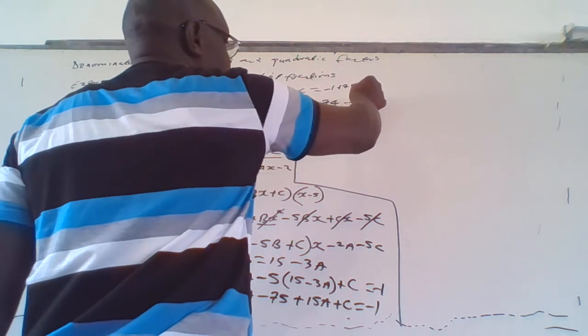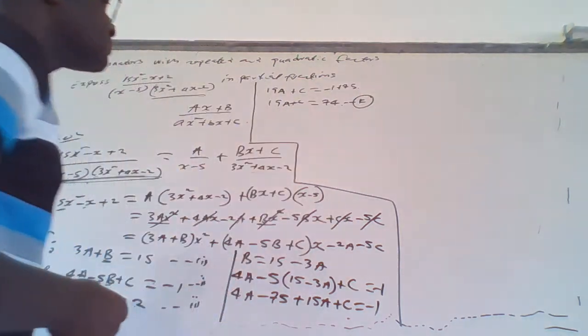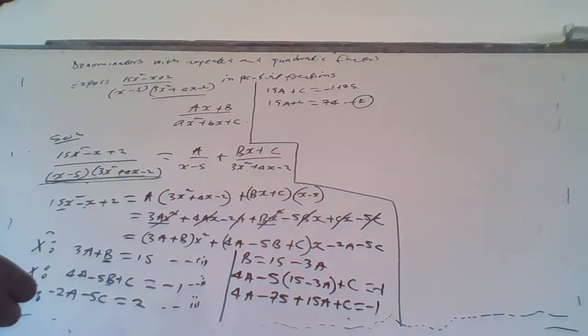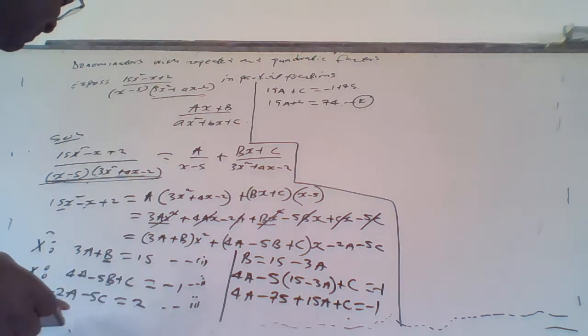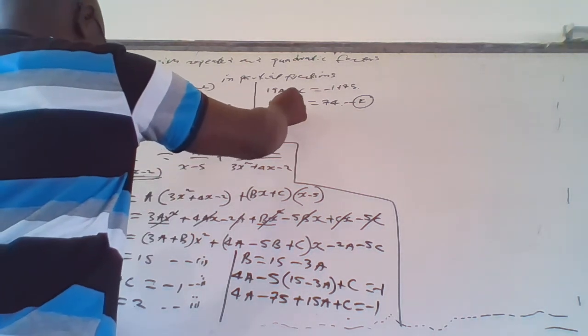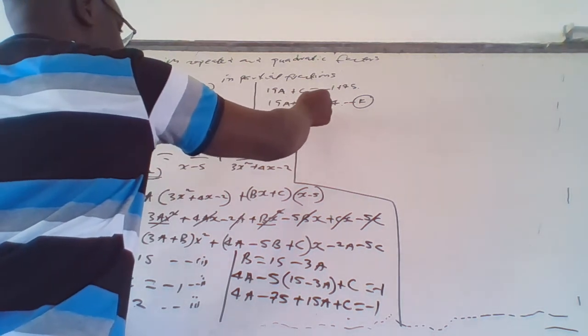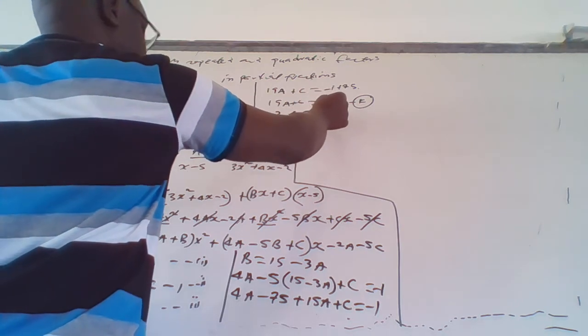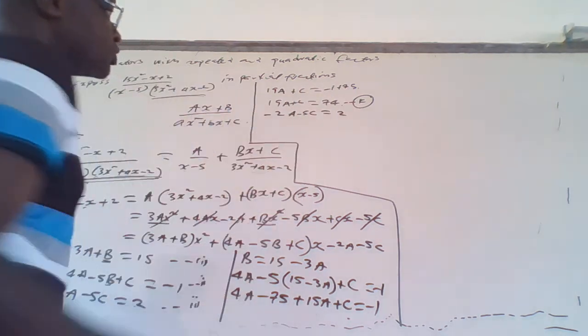Call this one equation K. Again, we substitute the value of b in the third equation. Given that, we have the third equation, minus 2a minus 5c equals 2.